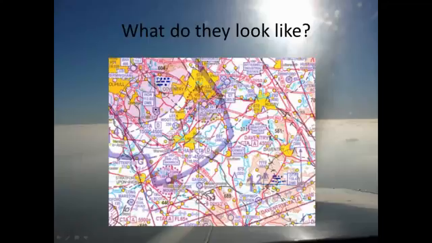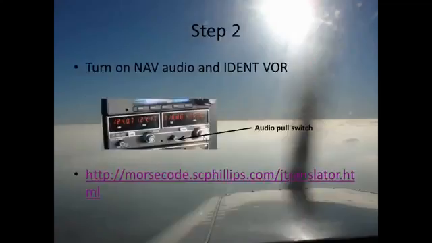So for example, dot dot dot dot, dash dash dash, dash dot is HON in Morse code. Likewise, dash dot dot dash, dash dot dash dash is Morse code for DTY. So you want to listen to the Morse code and make sure that you're tuned into the correct VOR. I'm going to give you a good demonstration now of exactly what that sounds like.